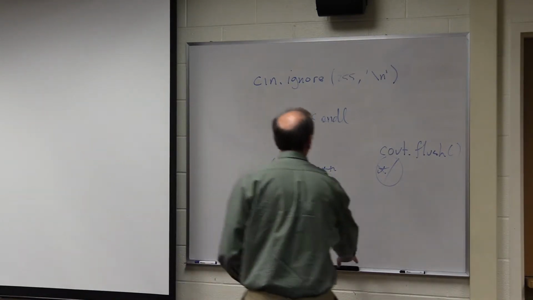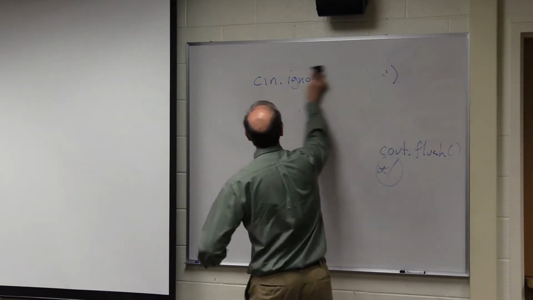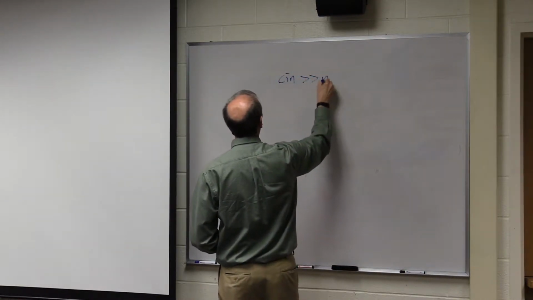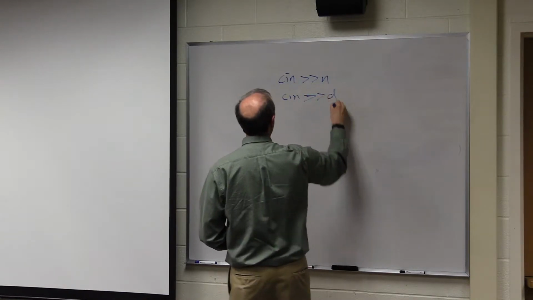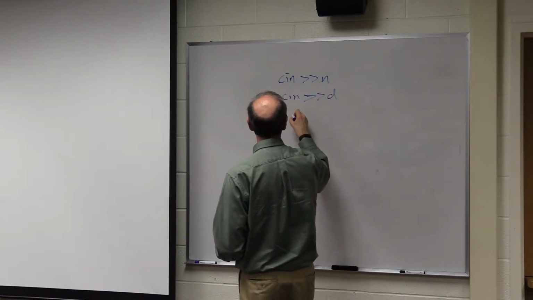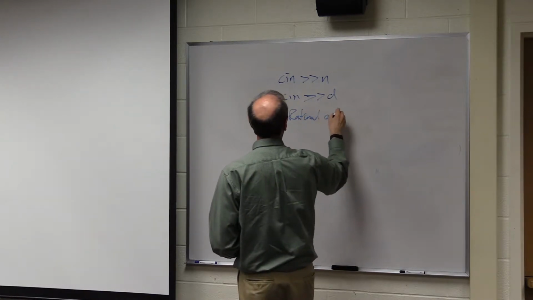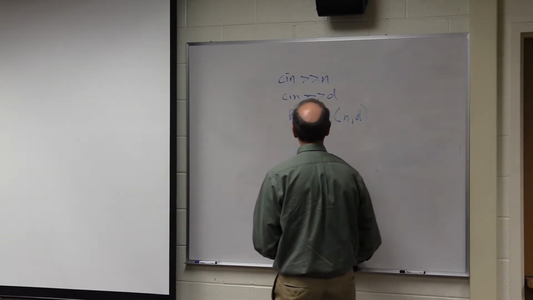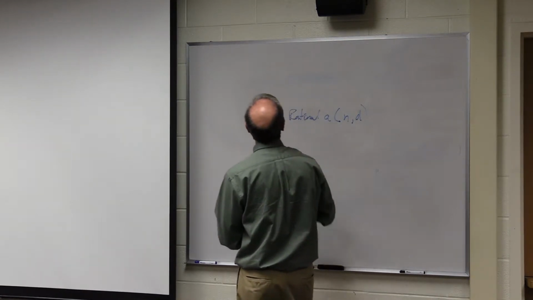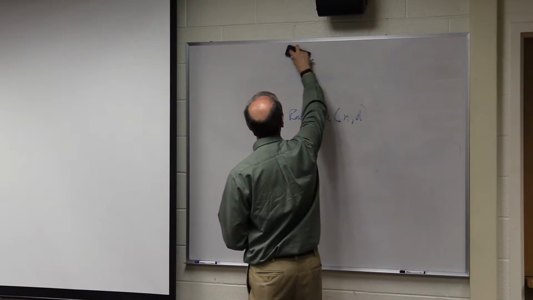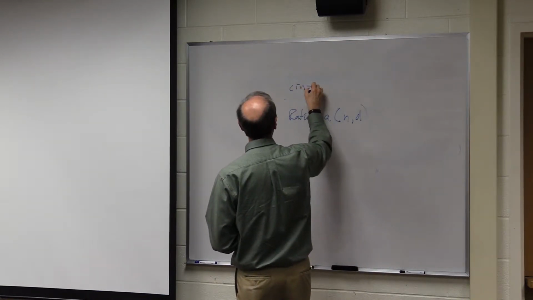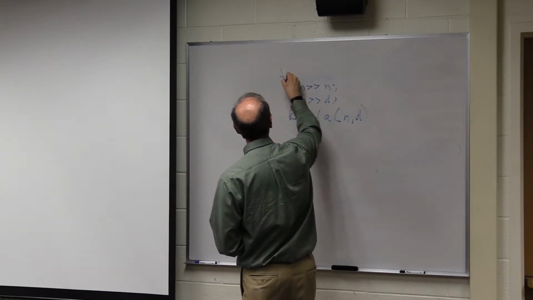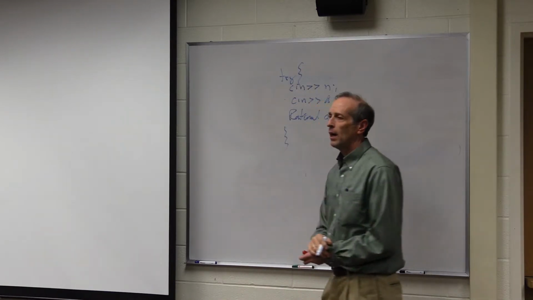Where you might have your 2 cins, a cin numerator, cin denominator, and now you're going to create your rational A as N and D. Put this now in a try and catch.